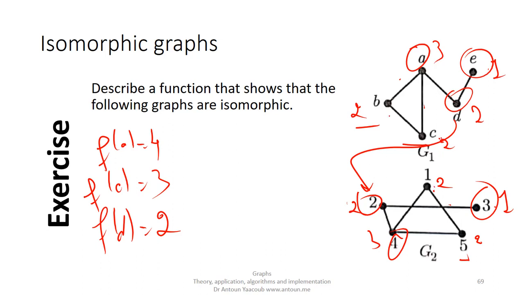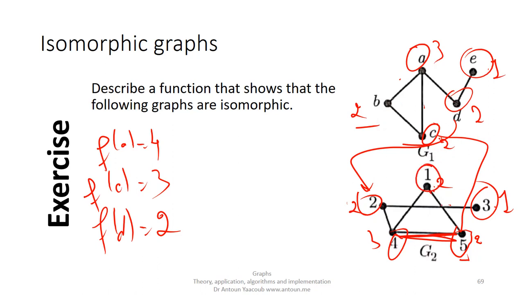So let's pick one and see if it will work. Let's say C is linked to 5. If C is linked to 5, I will see if it preserves the adjacency. So I have A is linked to C, and 3 is equal to 4, so yes, for now it's correct. And I need to check if C is linked to B. So B means the new one.